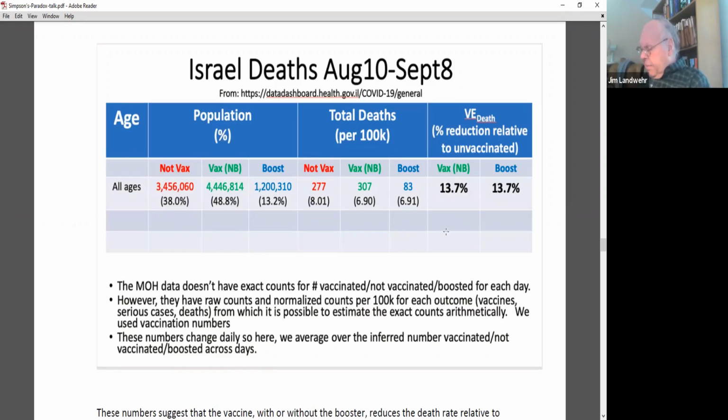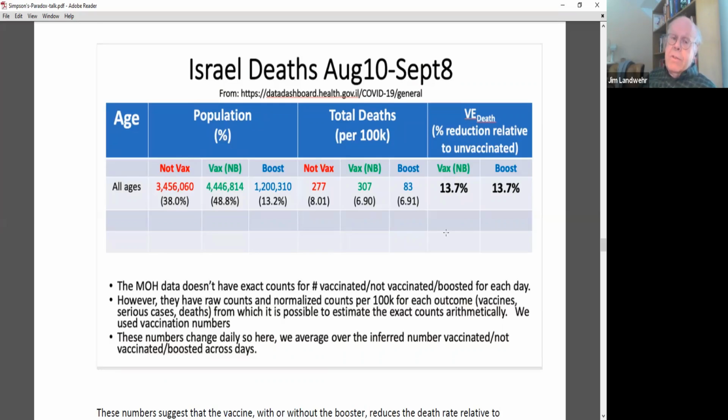So what is this saying? This is saying that considering all the people in Israel, or the whole population, considering all the deaths they had from COVID for that month, and using their electronic health records, which is about as complete data as is available, I think, in any country, the vaccine effectiveness was about 14% in terms of reducing the death rate for the vaccinated people, whether they were boosted or non-boosted.